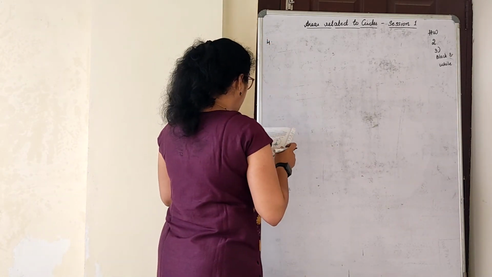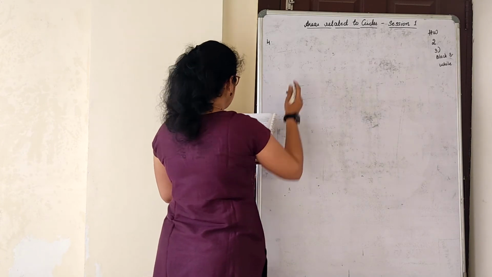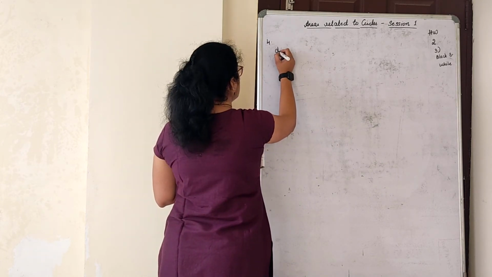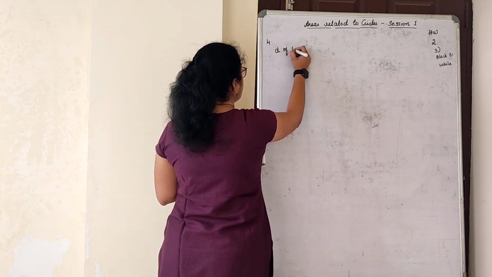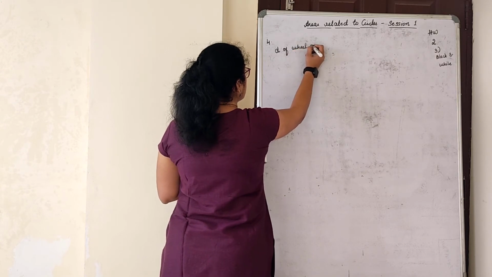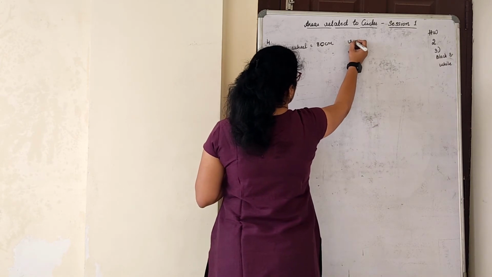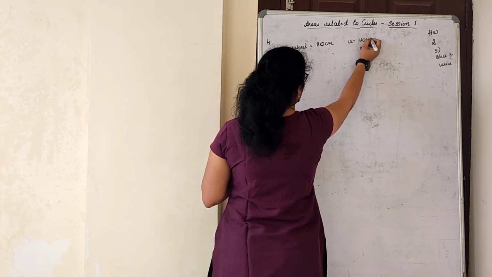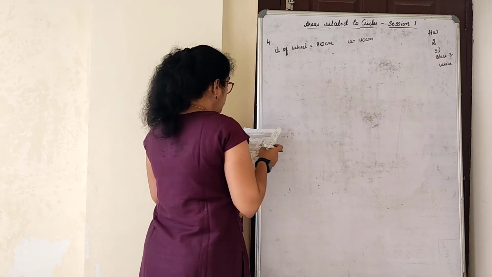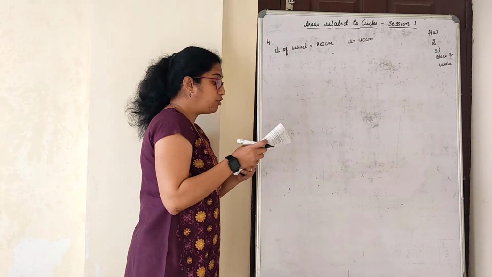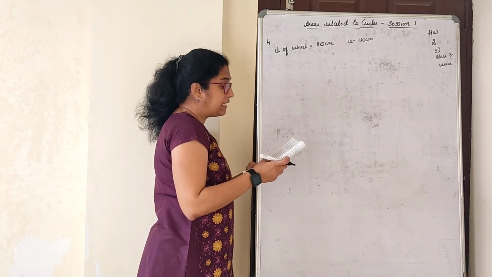The wheels of a car are of diameter 80 centimeter each. So diameter of wheel is 80 centimeter. Immediately, the radius is 40 centimeter. So how many complete revolutions does each wheel make in 10 minutes?